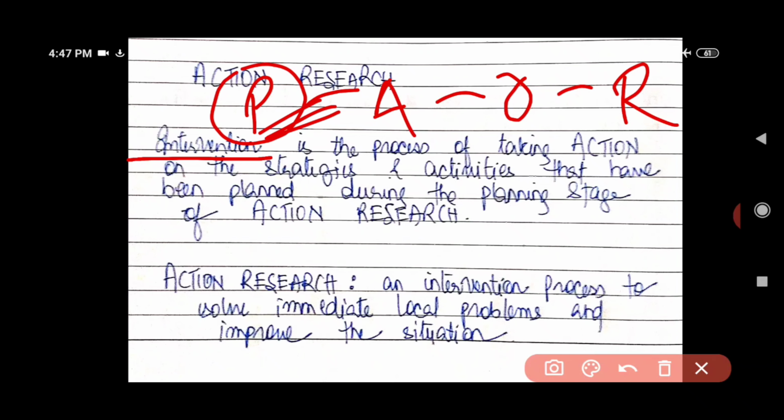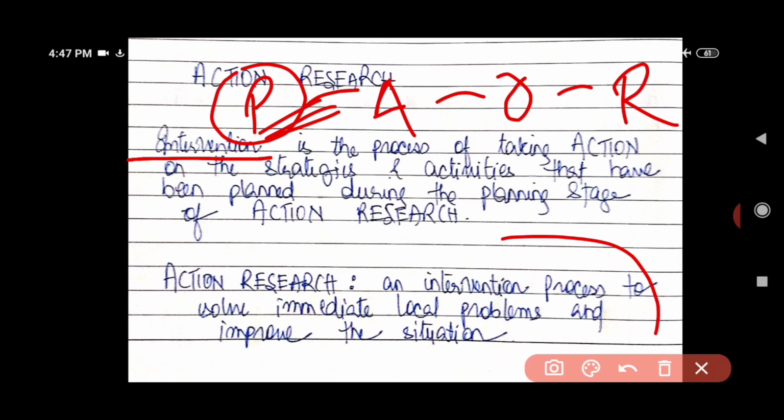Sometimes you can call action research as an intervention process to solve immediate local problems and improve the situation. For example, let us say in a classroom, you are facing a problem regarding a particular topic, and the teacher tries to solve the problem by maybe asking you a question or maybe conducting a short experiment or something like that.